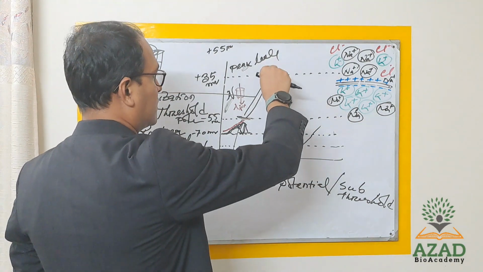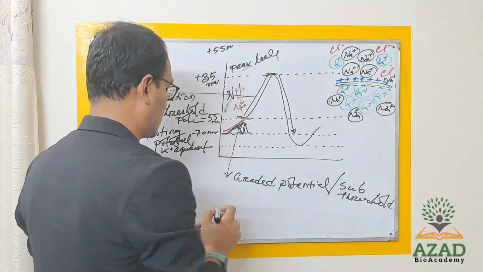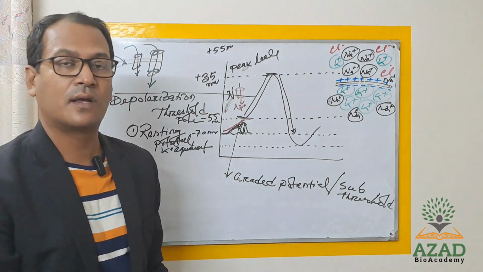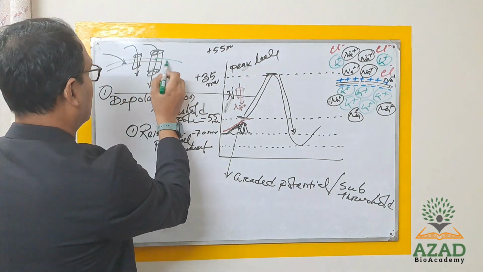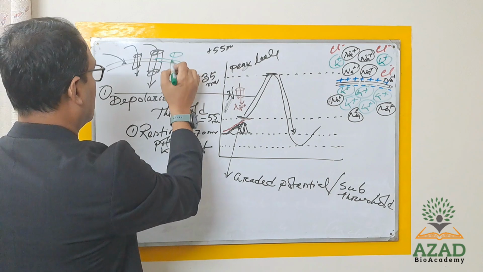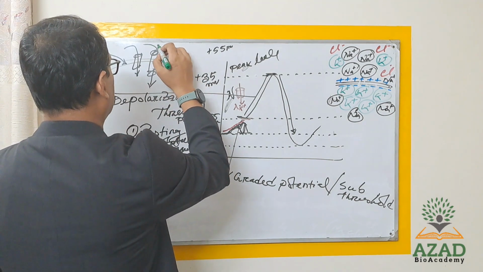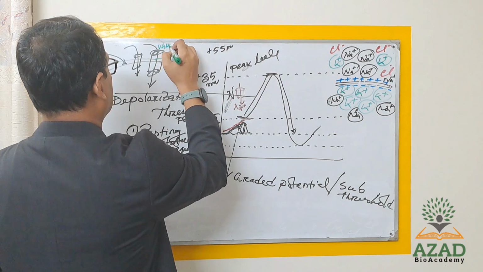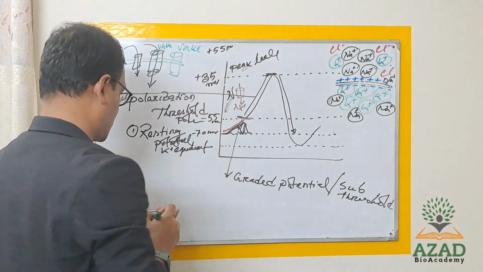Instantly the sodium channel will close. Okay, the sodium channel will close, and then what will happen? The voltage gated potassium channel will open. That is the voltage gated sodium channel, that is the voltage gated potassium channel.